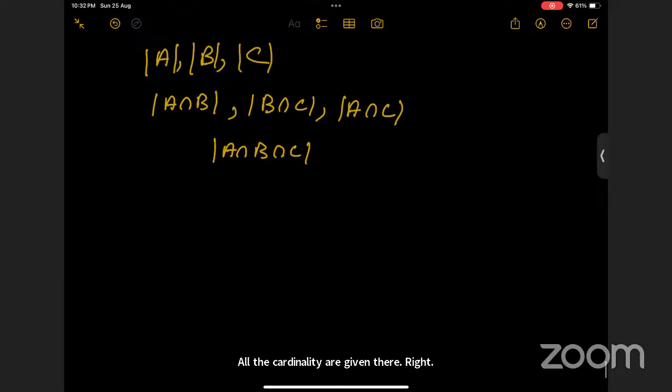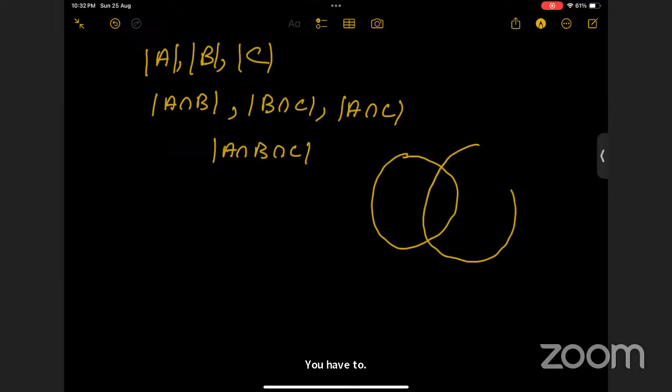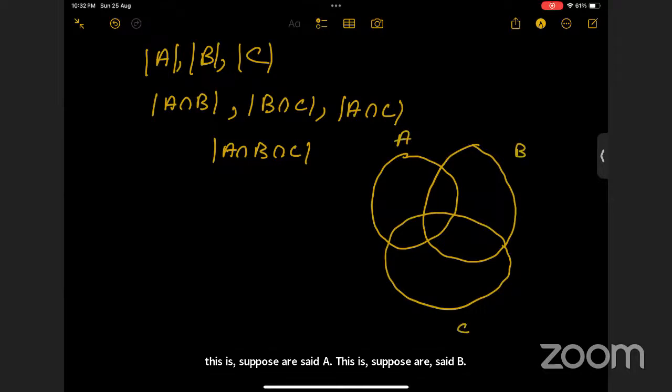So what you have to do is draw the Venn diagram. This is the Venn diagram. Suppose this is our set A, this is set B, and this is set C, right?